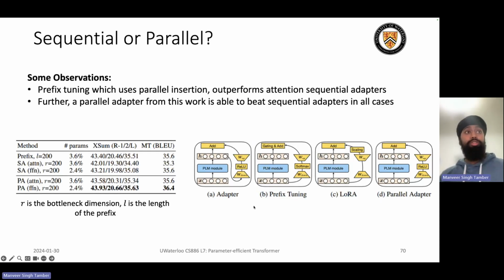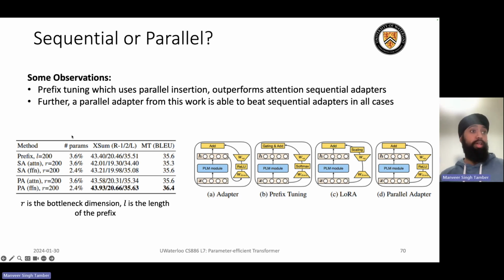So now the first question is sequential or parallel. What is better? Well, prefix tuning, which uses parallel insertion, outperforms sequential adapters. So we see that in this table, where the parallel adapters basically do better than the sequential ones. And prefix tuning, which is a parallel method, does better than the sequential adapters as well.